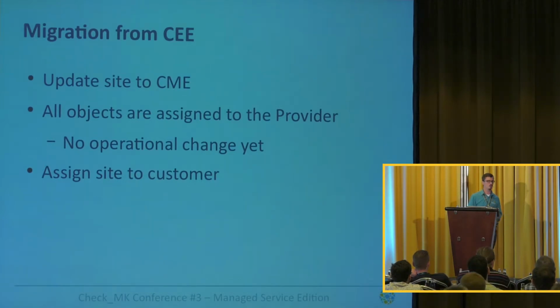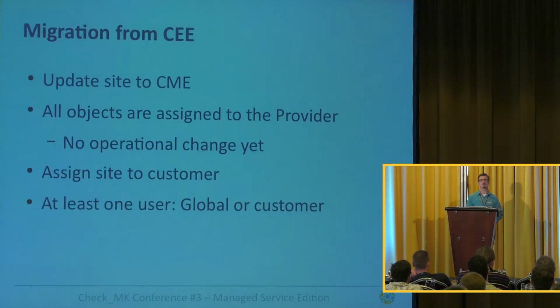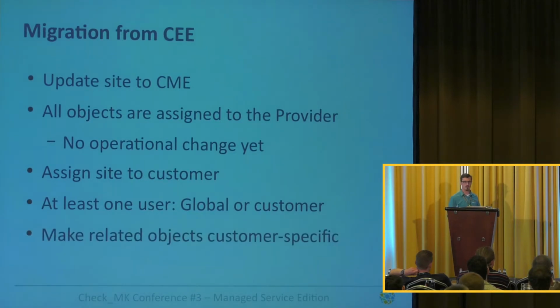The hosts and folders that are linked to that site are then linked to the customer, and in that step, I should also make sure that I have at least one global user for that customer, or at least one customer user, because otherwise, if I have a replicate next time, I cannot log into the site anymore. Because if the customer has no users, then nobody can log into the customer site, which I guess I would not want. But there's also a warning dialog.